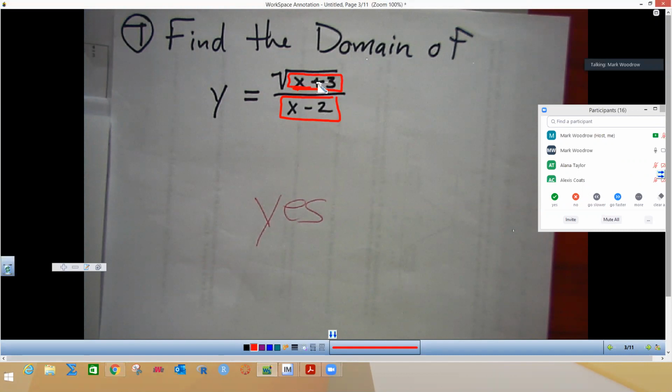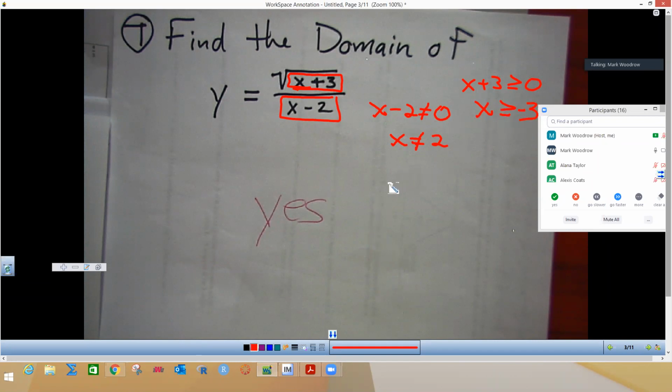You are not allowed to have a negative inside a radical. So I know that x minus 2 cannot equal 0. So that means x cannot equal 2. I also know that x plus 3 has to be greater than or equal to 0. So x has to be greater than or equal to -3.